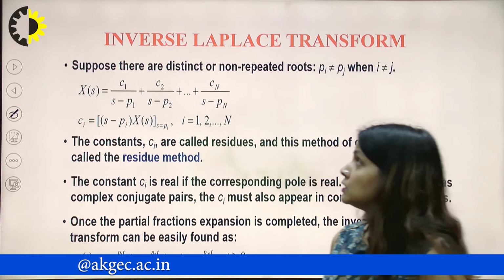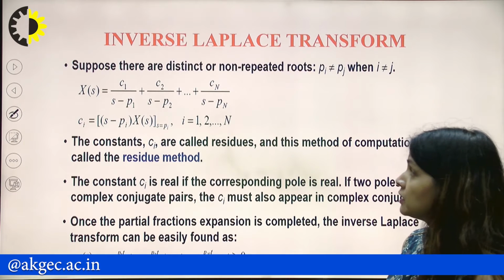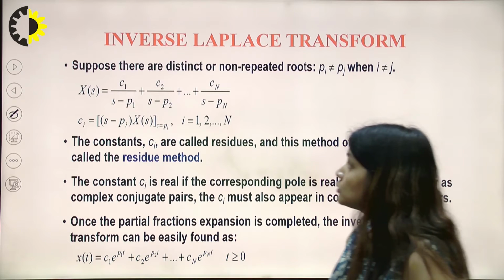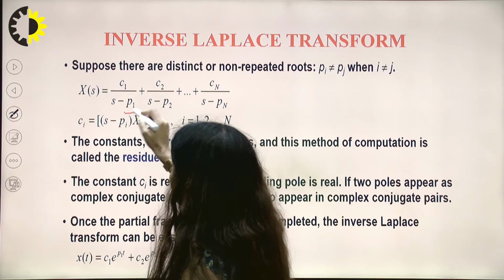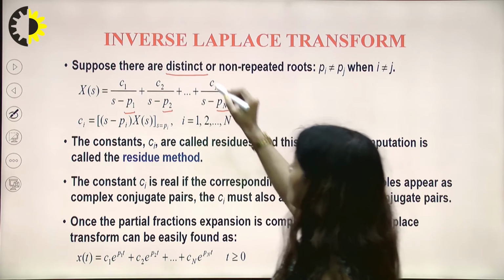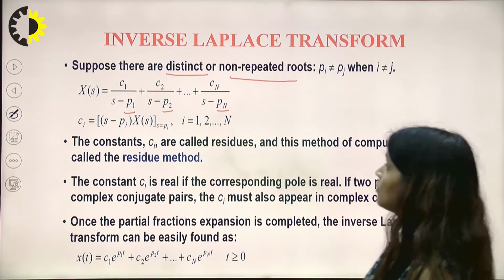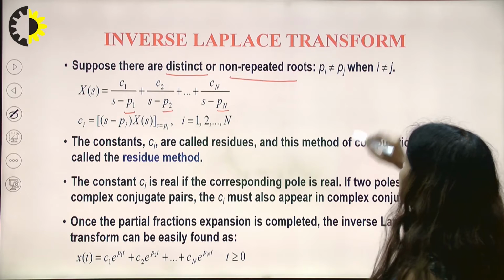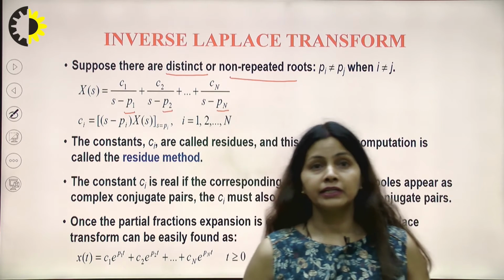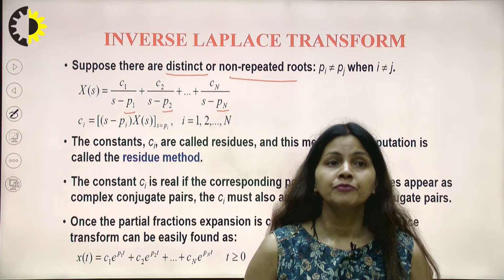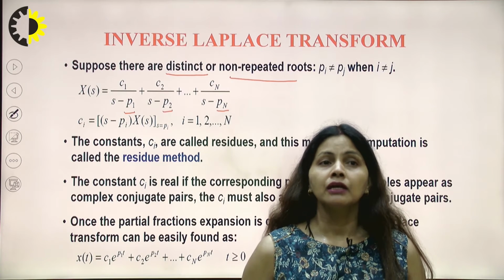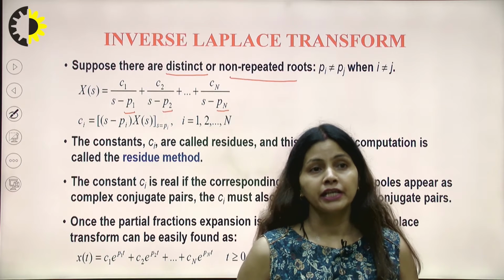Now suppose there are distinct, non-repeated roots. This is case 1. So if p1, p2, up to pn are all distinct or non-repeated, where pi is not equal to pj for i not equal to j, how do we calculate the inverse Laplace transform? All these coefficients c1, c2 up to cn are known as the residues.